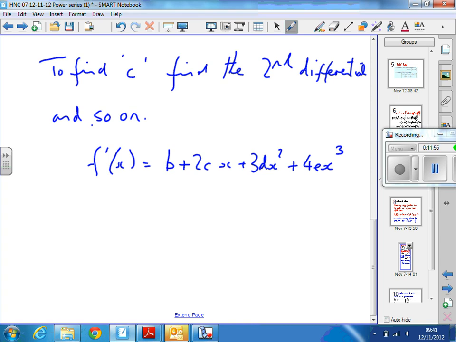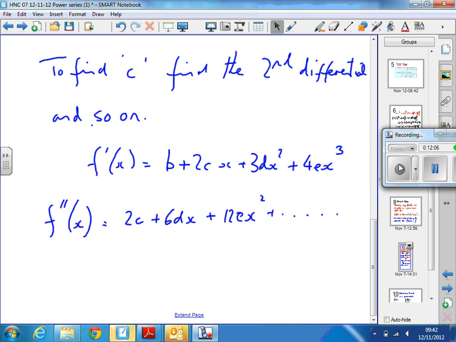Now find the second differential. F double prime. Use 2 primes for the second differential and work out what that is. So the second differential gives this, 2c plus 6dx plus 12ex squared, and so on.